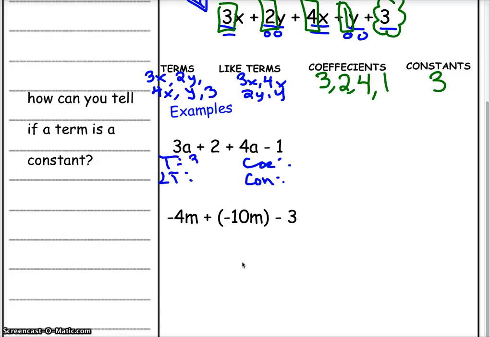So I have a 3a, I have a 2, I have a 4a, and I have a negative 1. Not 1, it's negative 1. Those are my terms. I have like terms. I have the 3a and the 4a are alike, and my constants are alike. They both don't have anything. So the 2 and negative 1 are alike.